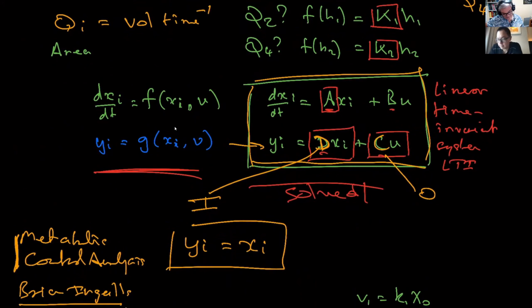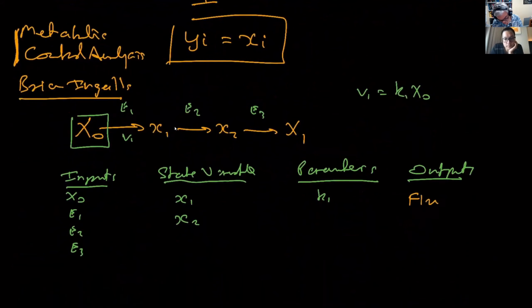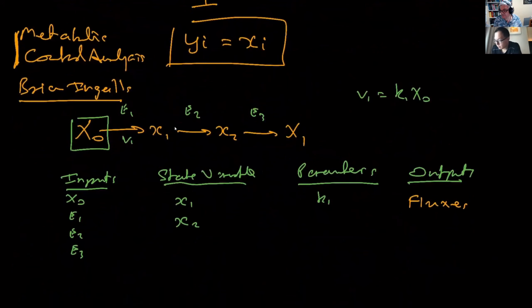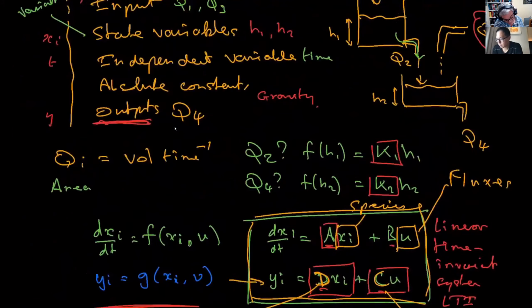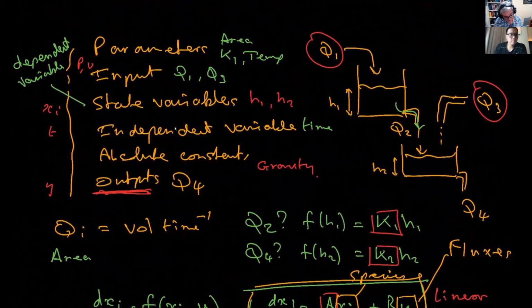He also realized that the outputs in metabolic control analysis corresponded to the fluxes through the pathway. The state variables were the species. So the outputs are actually the fluxes, the steady state rates through the pathway. So what else have we got? Parameters, inputs, state variables, independent variables, time, still the same thing.